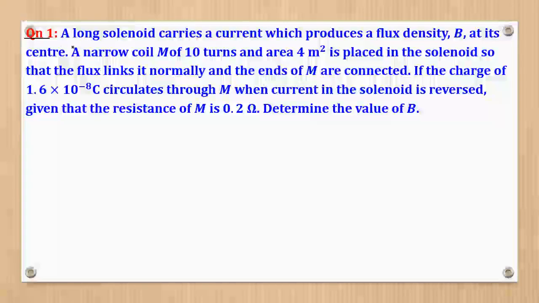So question 1 says, a long solenoid carries a current which produces a flux density B at its center.